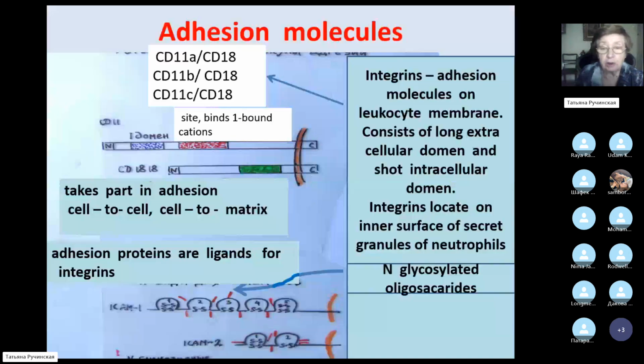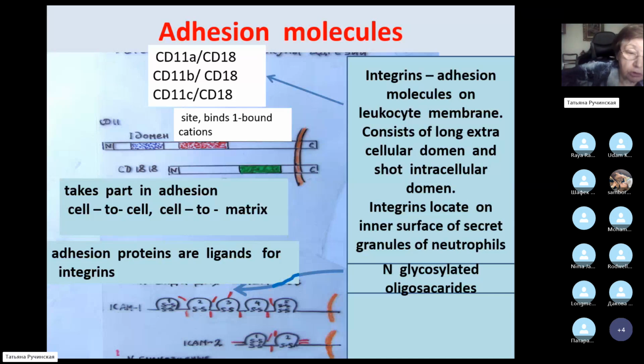Adhesion molecules are proteins, you see, and their function is as receptors. You see, this red arc is the plasma membrane. So this short domain comes inside the cell.